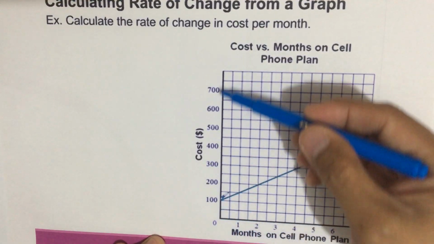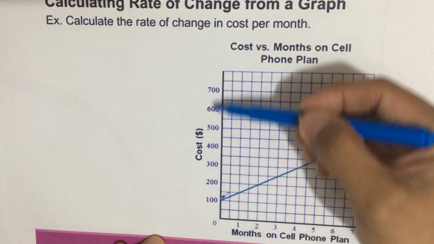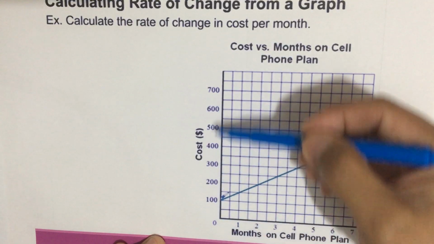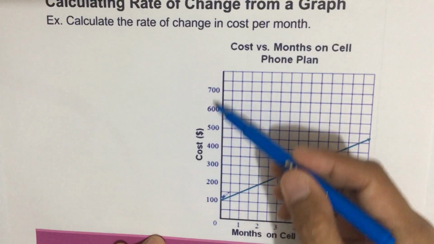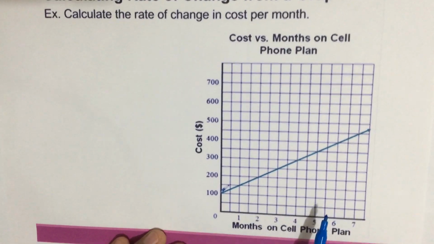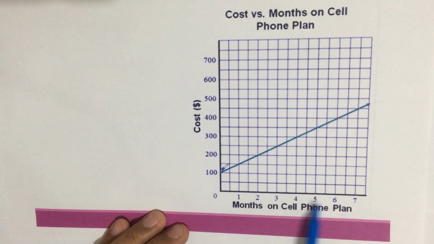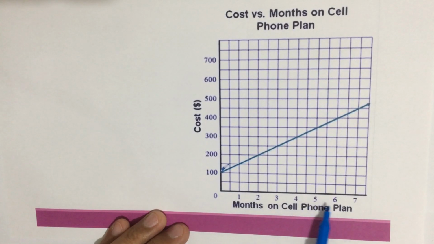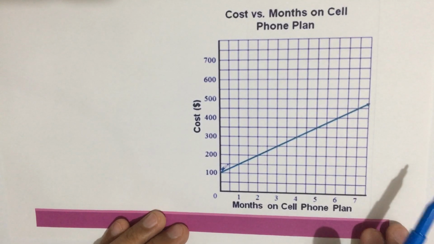The numbers on the vertical line are the cost of the cell phone plan, and on this horizontal line we have 1, 2, 3, 4, 5, 6, 7. These are the months on cell phone plan.